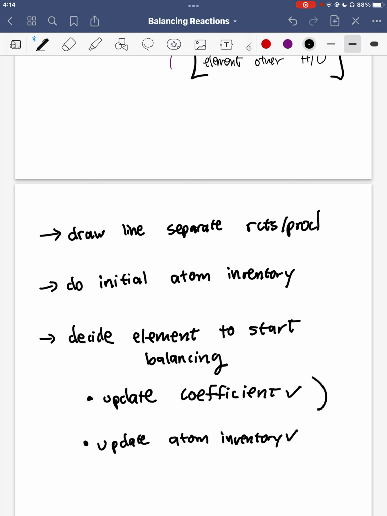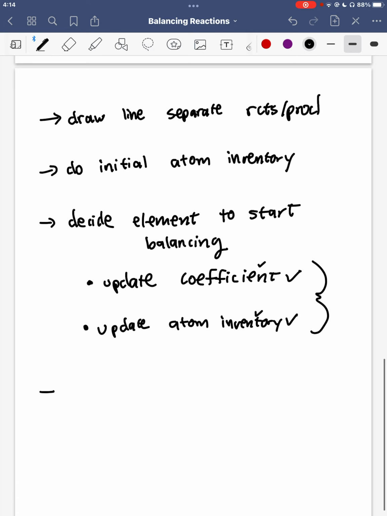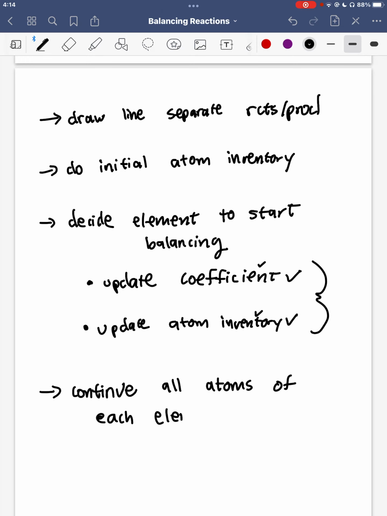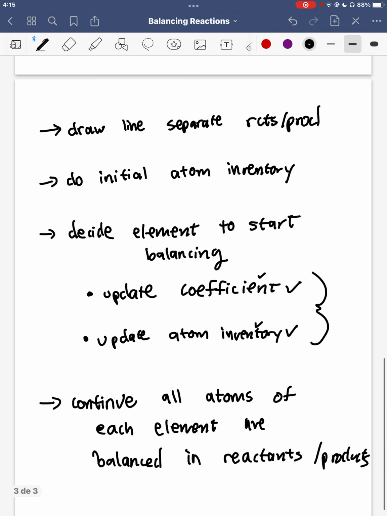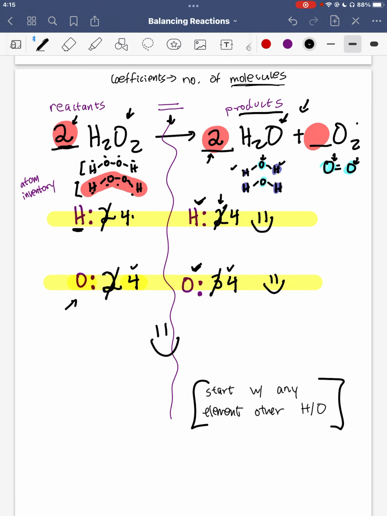I continue this process of updating coefficients, updating atom inventory until all atoms of each element are balanced in the reactants and products.